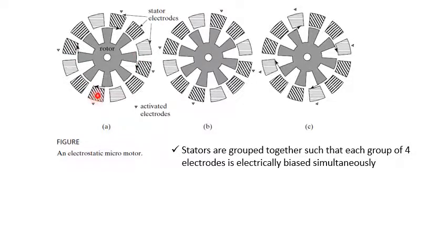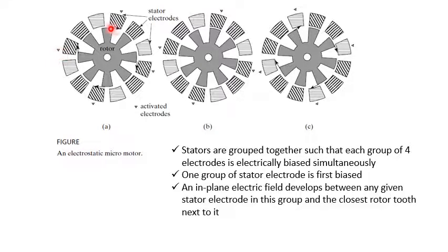The electrodes biased at a particular stage are identified by the arrow marks. When the electrodes are given biasing, an in-plane electric field develops between the given stator electrode in the group and the closest rotor tooth next to it.